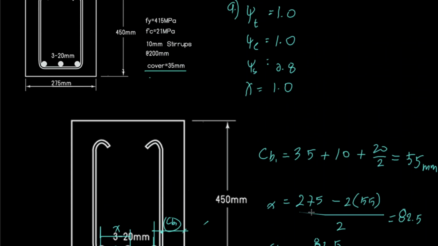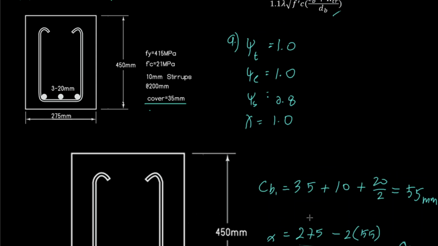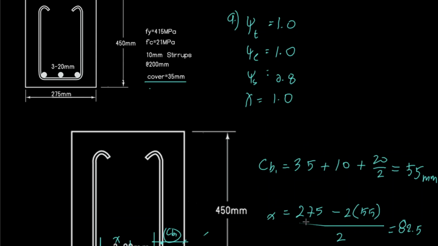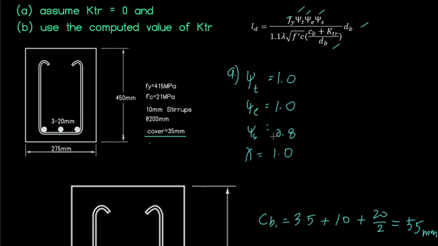Okay, so we can now solve for our LD. So, susundin lang natin yung formula natin. Meron tayong LD is equal to Fy, which is 415. Yung tatlong psi, dalawa naman yung 1 dyan, kaya 0.8.